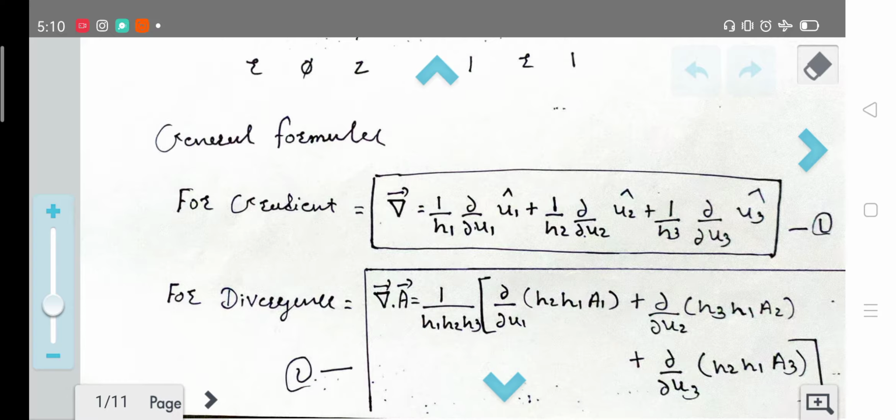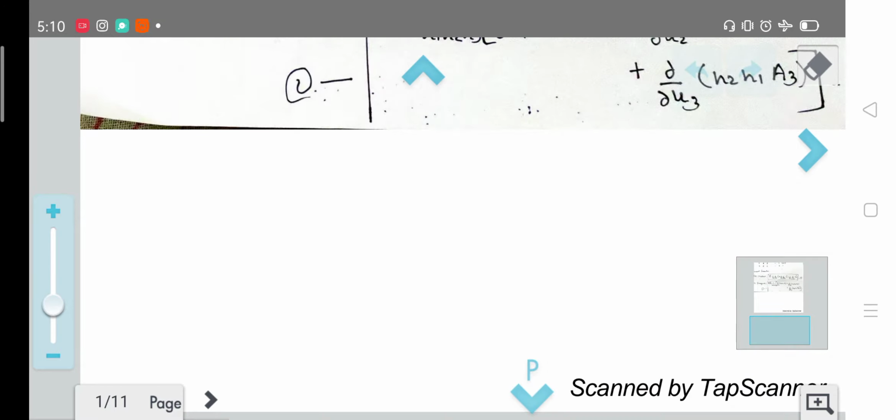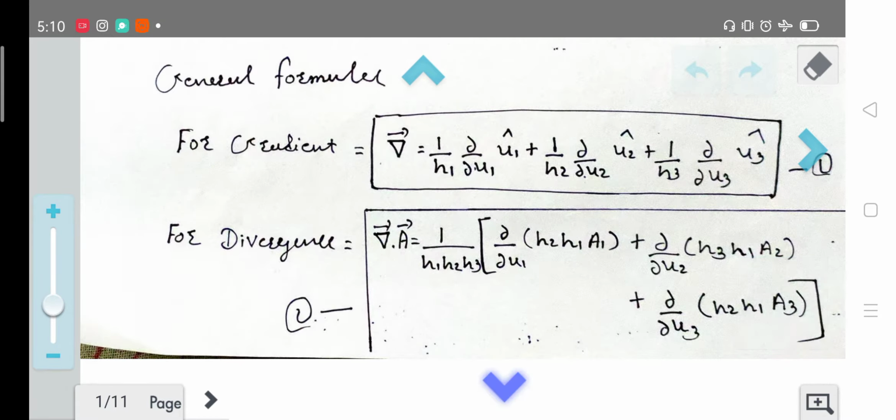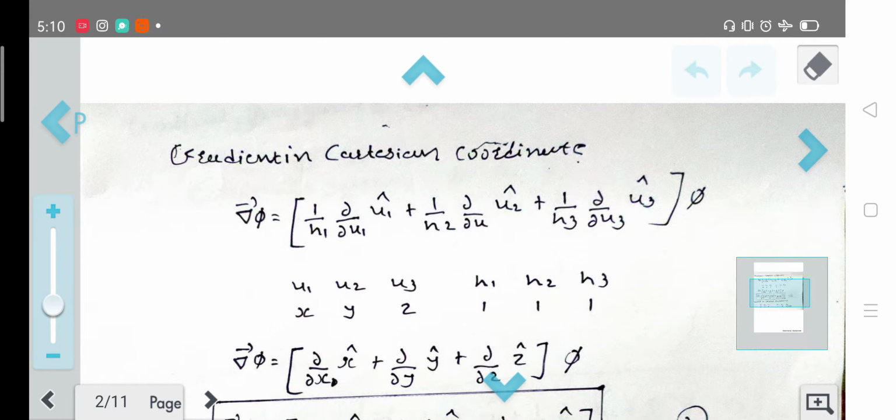Now let's move further. Now let's talk about the gradient in the Cartesian coordinate system. First we will write down the generalized formula.